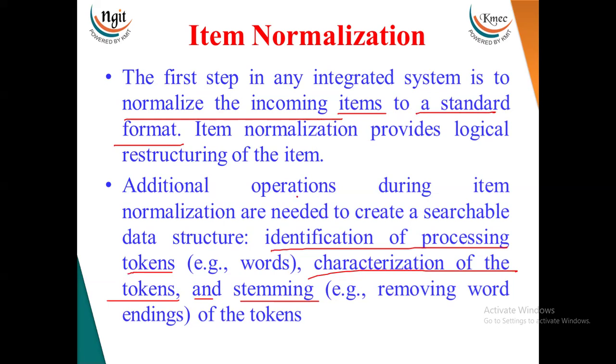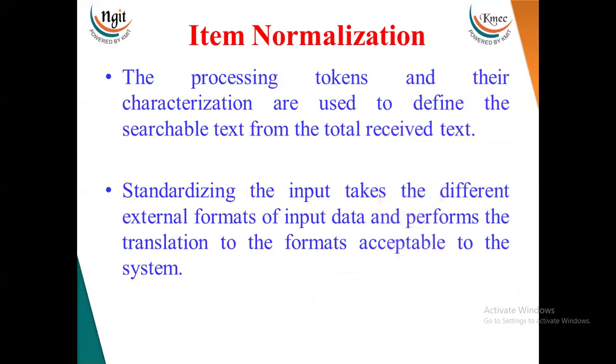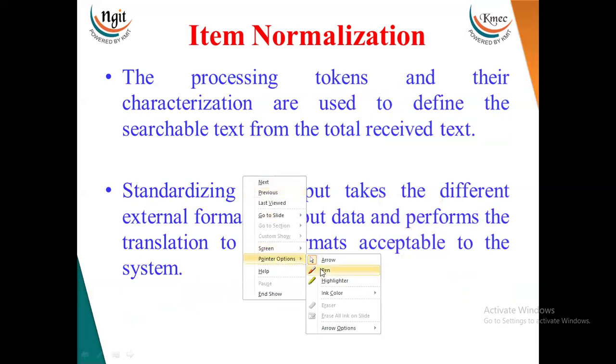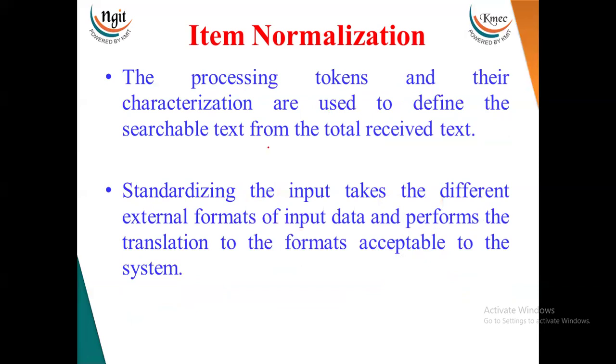Then you have to create a data structure where you will process all the tokens, like you can take each word as an item. Then you have to remove all the stop words. Stemming is removing unnecessary and not relevant words. Then the processing of these tokens, called characterization, is used to define the searchable text from the total received text.